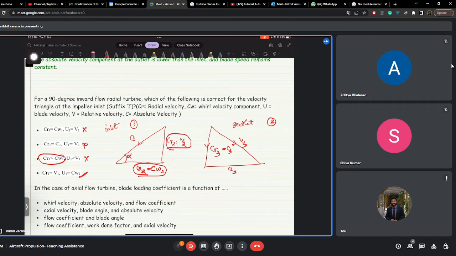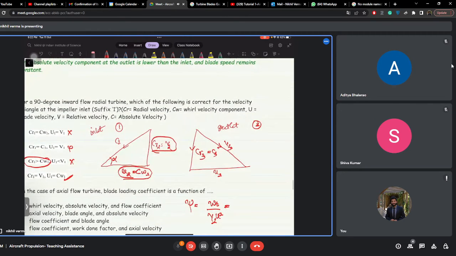So, in the case of an axial flow turbine, blade loading coefficient is a function of what? How do you define the blade loading coefficient? This is the work done by half U square. So what is the work done for this? If you substitute, you get the work done per unit mass, right?